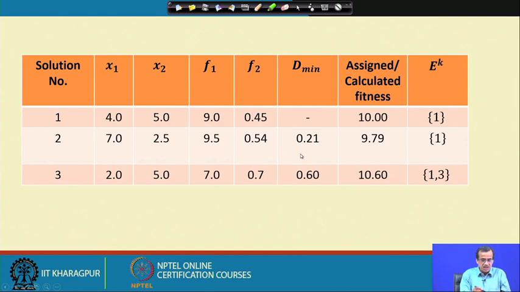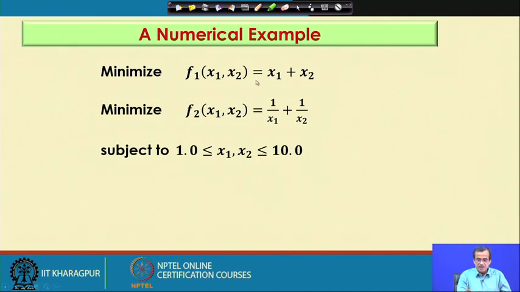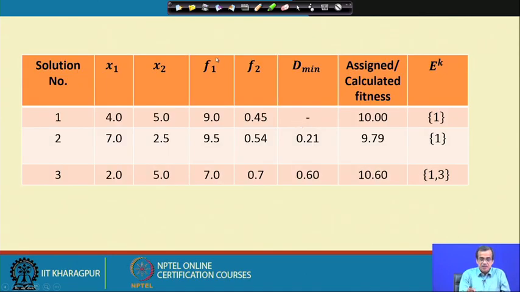Let us consider x1 equals 4.0 and x2 equals 5.0. We substitute the values of x1 and x2 here, and I will get the numerical values for f1 and f2. As I told you, the first solution is selected at random for the non-dominated bin.